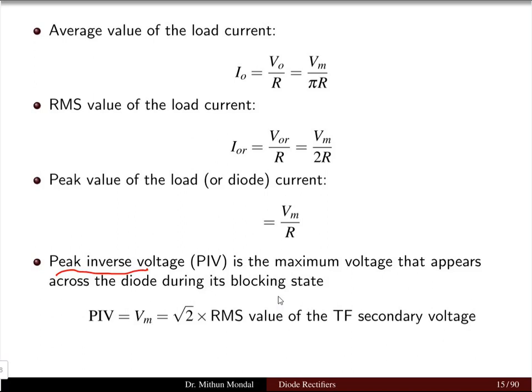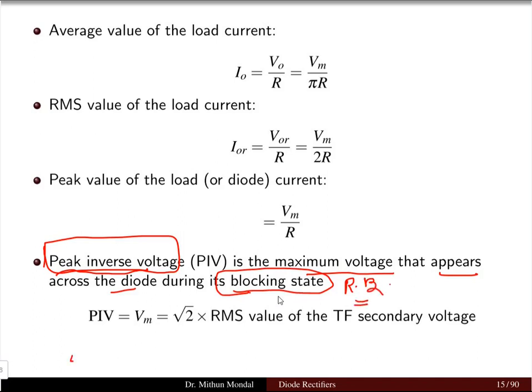And if we talk about the peak inverse voltage, what is the peak inverse voltage? The peak inverse voltage is the maximum voltage that appears across the diode in the blocking state. So what is the meaning of blocking state? The blocking state is the reverse bias condition of the diode. So here the peak inverse voltage is Vm, because you can see that when the diode potential was plotted, first the diode is conducting, and then you have the entire reverse voltage, which is equal to Vm in the negative direction.